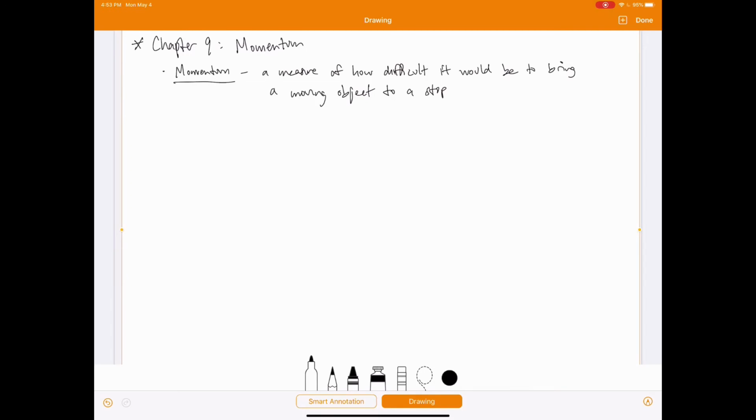Okay, so in other words, if an object has a lot of momentum, it's very difficult to bring it to a stop in some sense. And if an object has very low momentum, then it's quite easy to bring it to a stop.